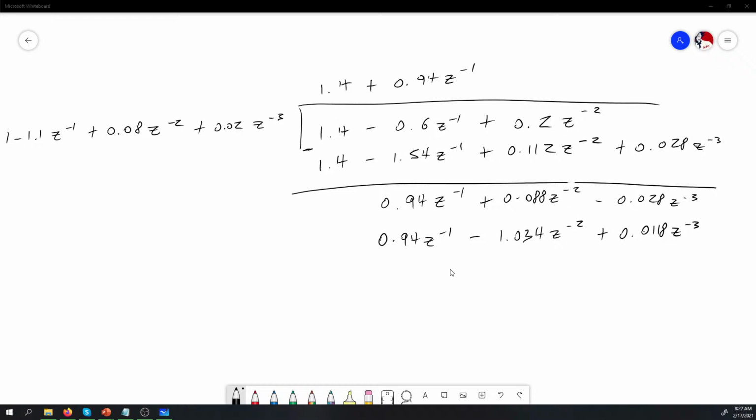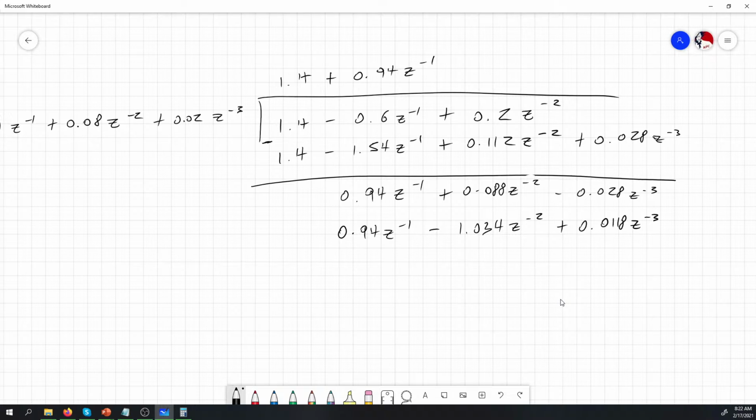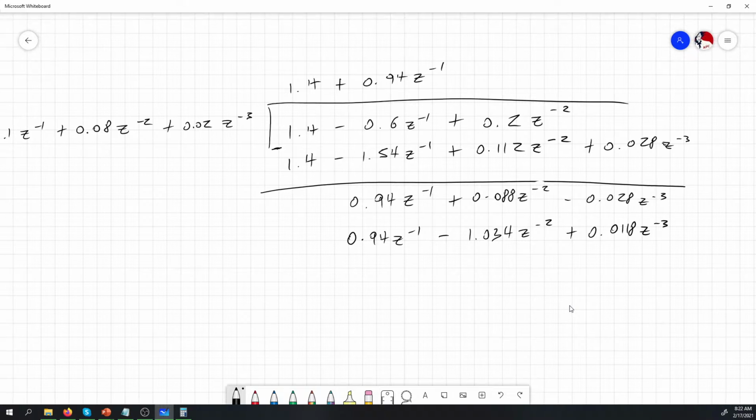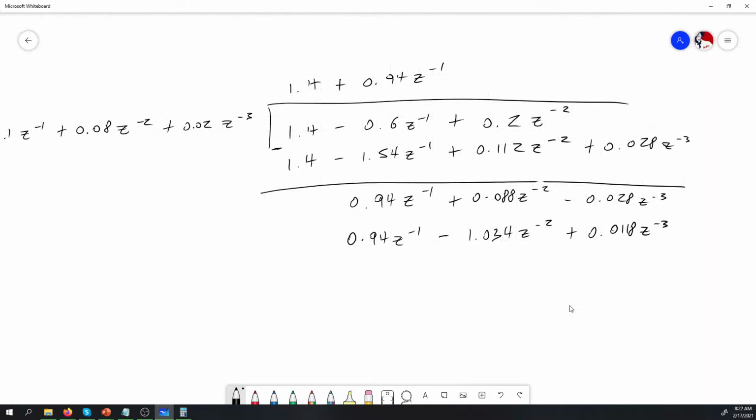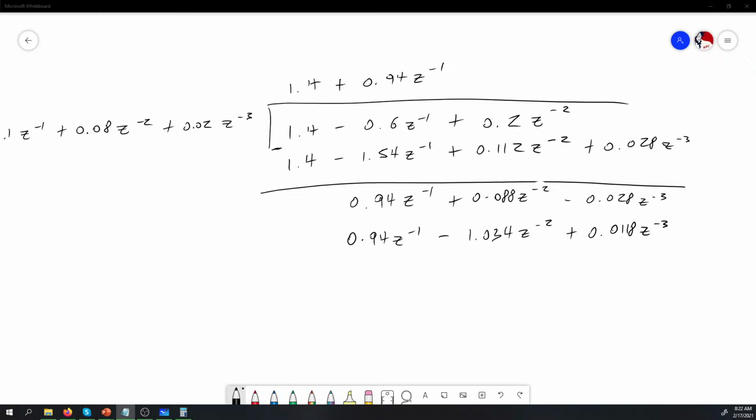So let me calculate that very quickly, 0.94 by 0.02. I'm just running back through my calculations here to make sure my division steps were correct.